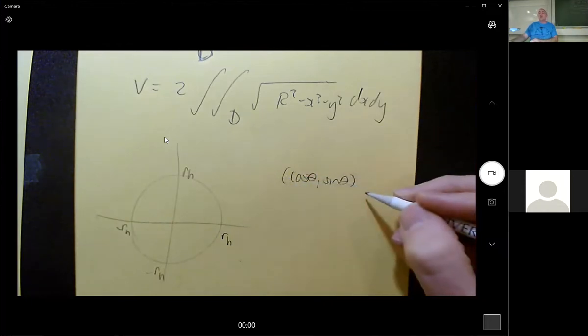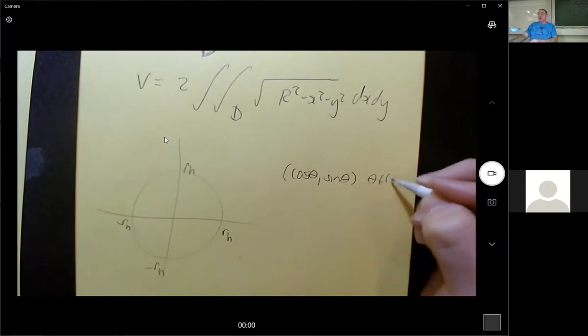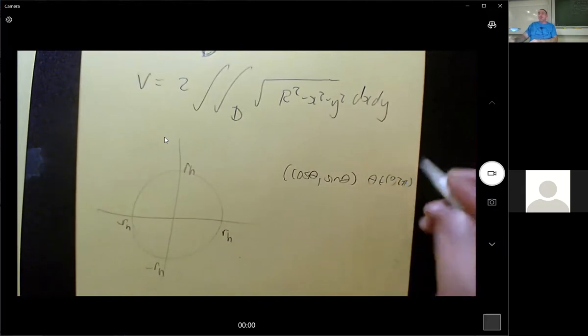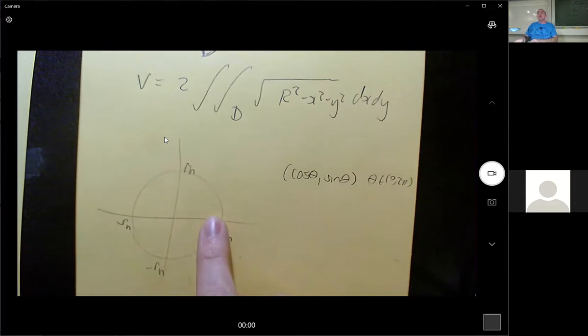A circle would be cos theta, sine theta for theta between 0 and 2 pi. That would produce every point on a circle. But my circle is radius RH, so the edge of this will be RH times cos theta and RH times sine theta because it's that much wider. But I want to locate every point on the inside of this circle, not just on the edge.